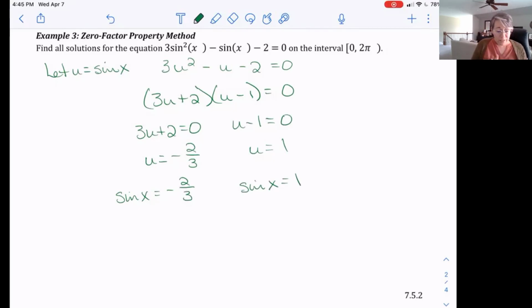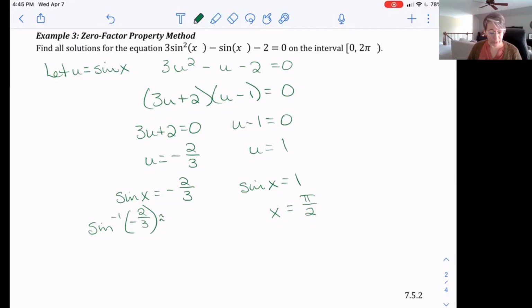Well, only one of these values are we familiar with, and that's where sine of x equals 1. That's at pi over 2. So we know this guy equals pi over 2. That's an exact answer. But -2/3 isn't a value that we can find on the unit circle that we're familiar with. So we're going to have to use our inverse function, sine inverse or arcsine of -2/3.